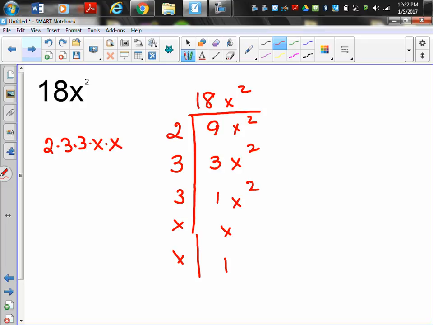That would be your answer. When you get down to where all you have left is 1, you're done. So your whole goal is multiplying this together to get the number above.